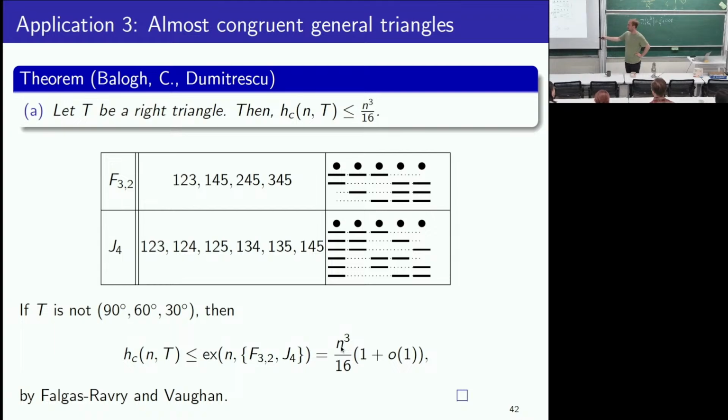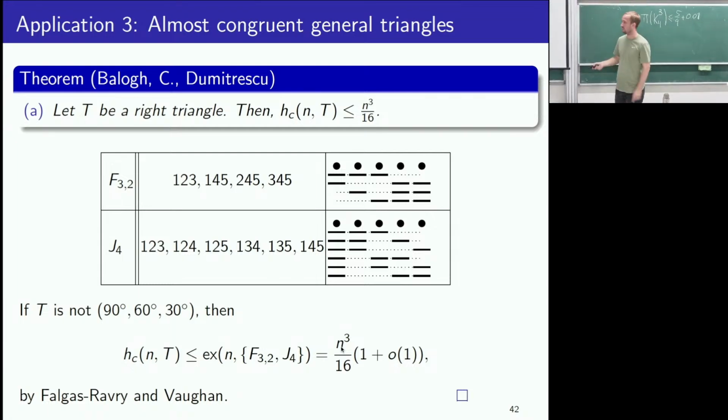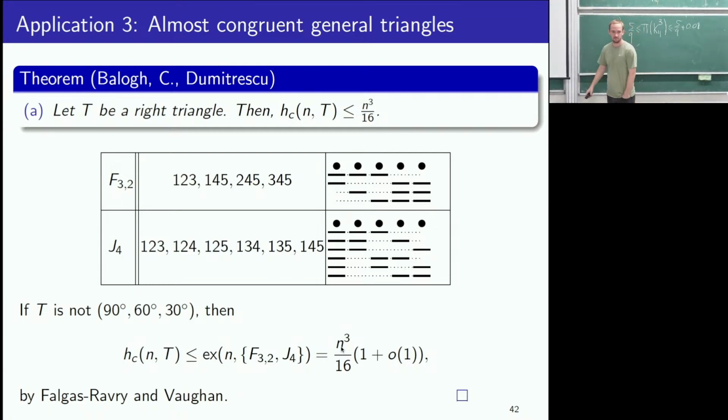There might be some other ones which you can then use to kill this. This is also the right triangle that occurs in the hexagon. Exactly, and so the issue here is the hexagon.